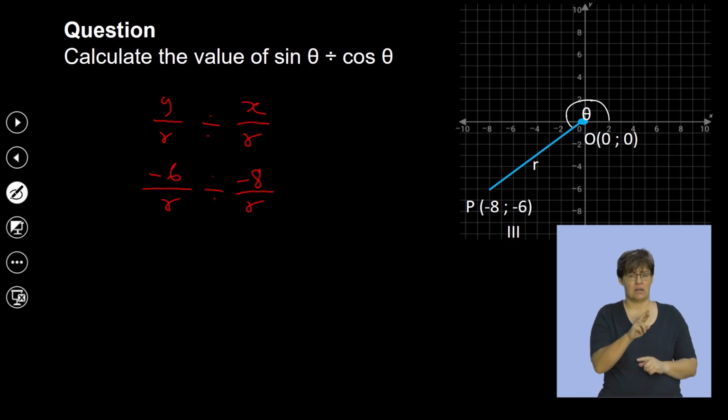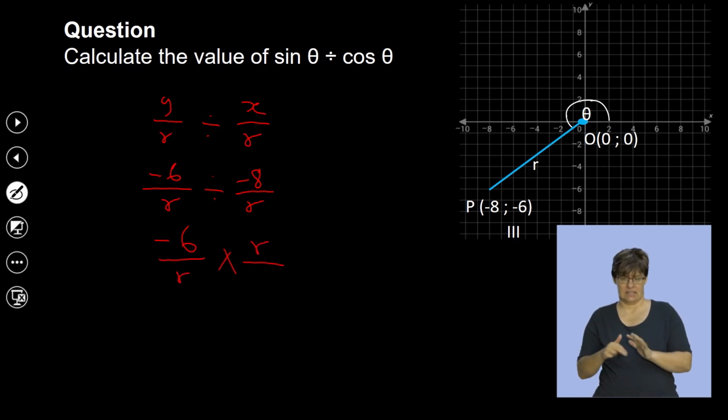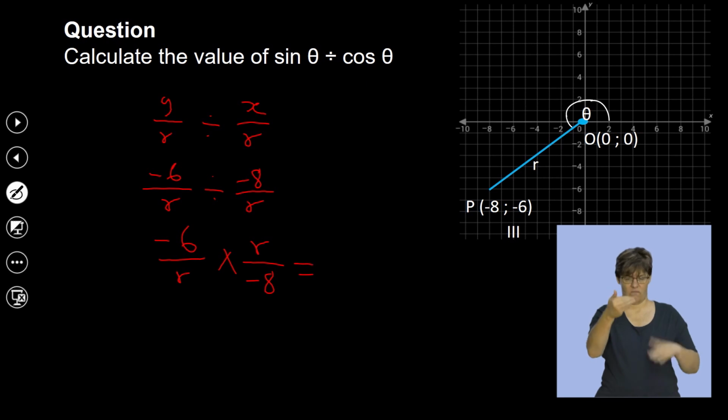And then I can find r using the theorem of Pythagoras. But you can see with this particular one, I wouldn't really need to, because this will be negative 6 over r multiplied by r over negative 8, and the r will divide out, and therefore this will be negative 6 over negative 8.